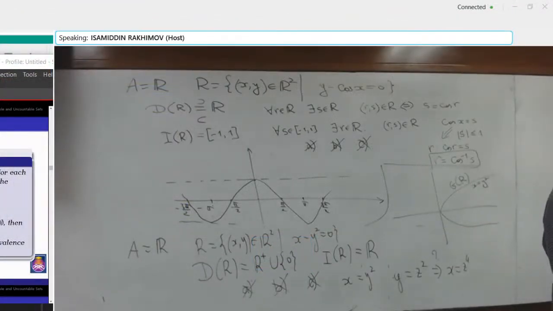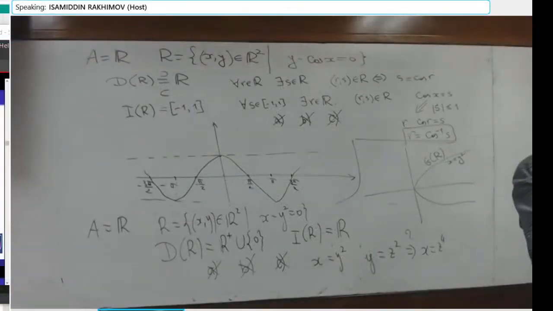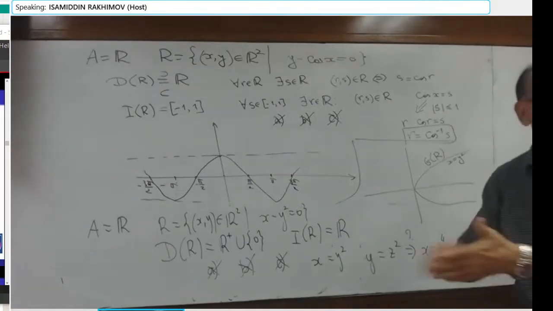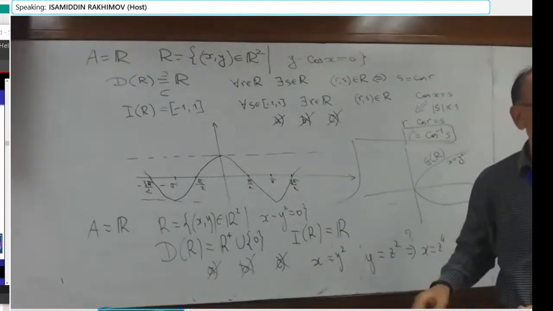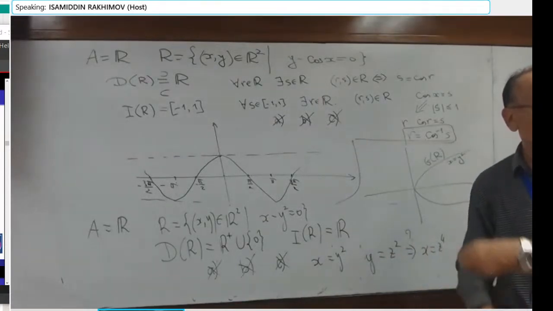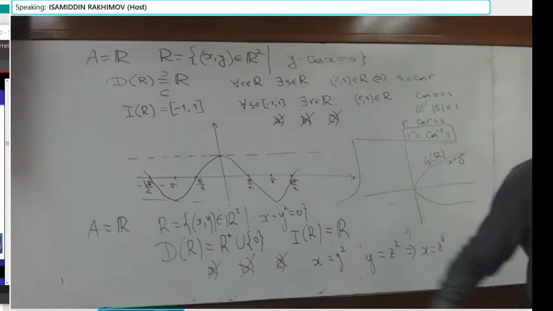For any graph, you can create a relation, because a graph means you have some correspondence between points. For each point you just create who is related to whom.